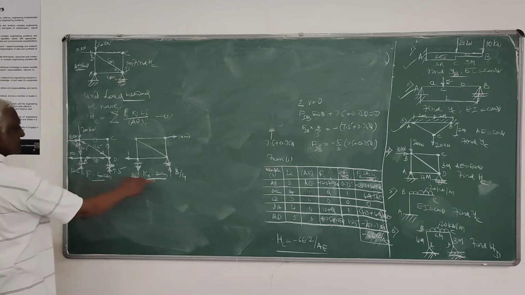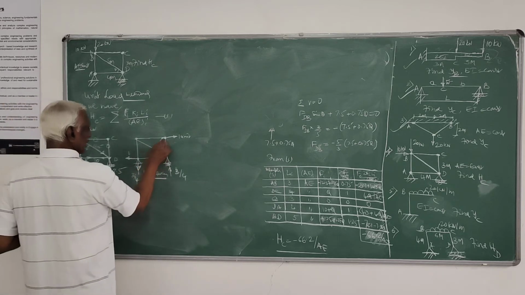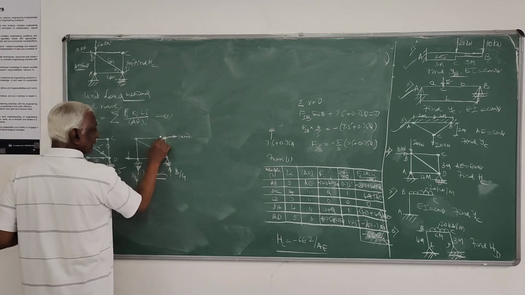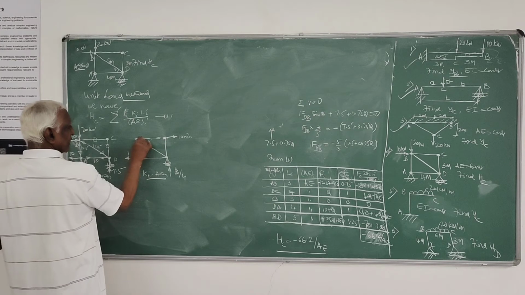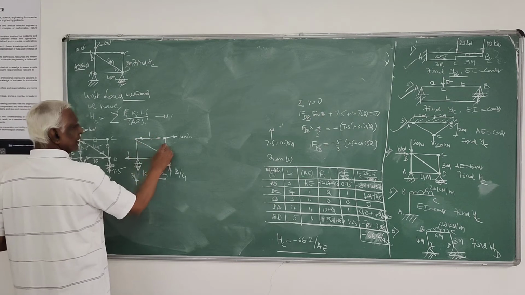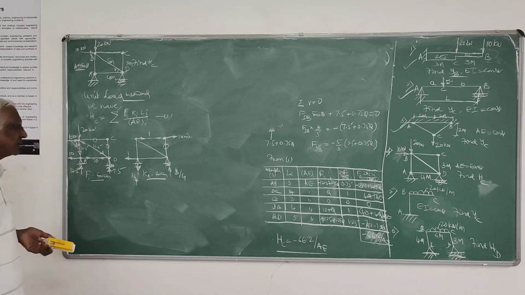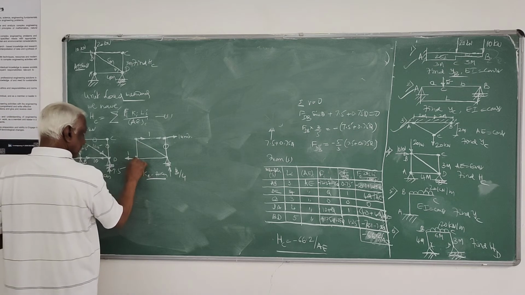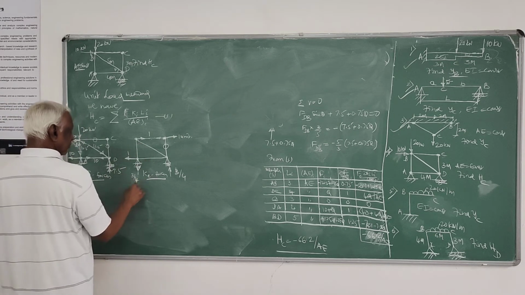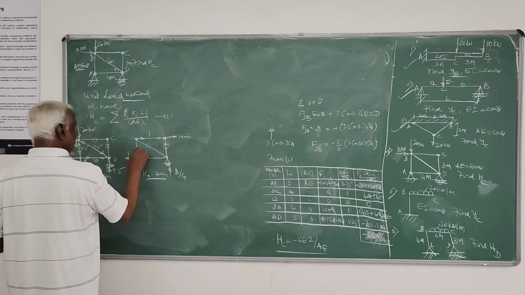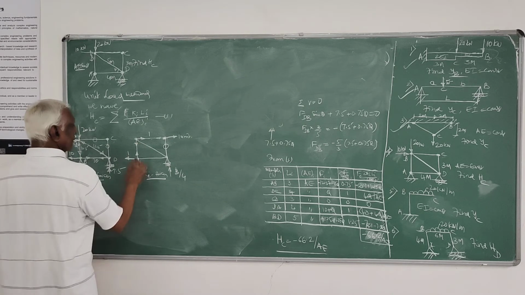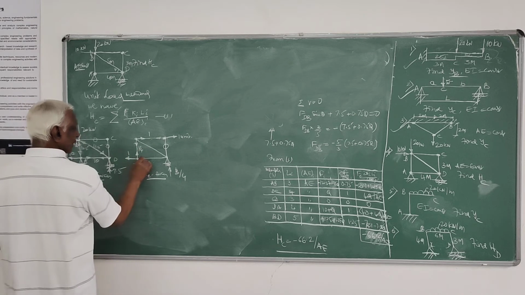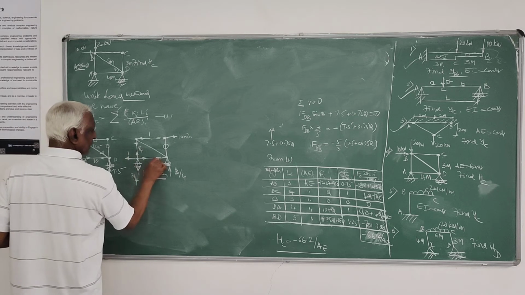So for Ki forces, as usual, I will take this joint first. Here it is 1, here it has to be this way, here also it has to be this. And here it is 0. Then if you take this joint, here it is 3 by 4 down, here it is up, 3 by 4. Here it is 1, 1.